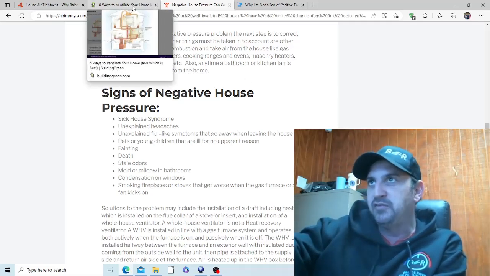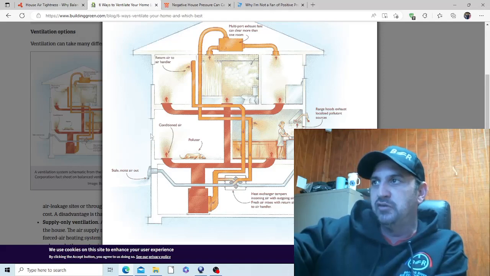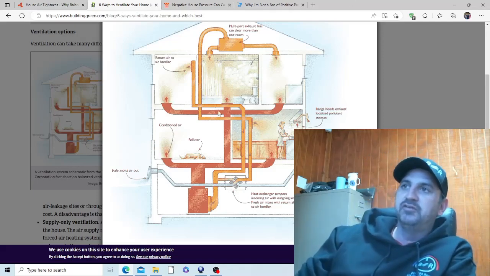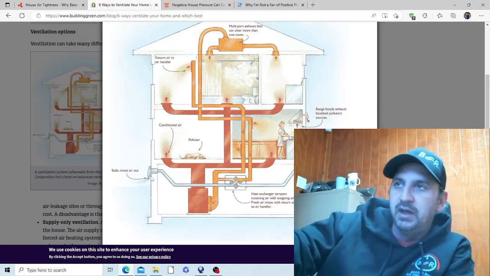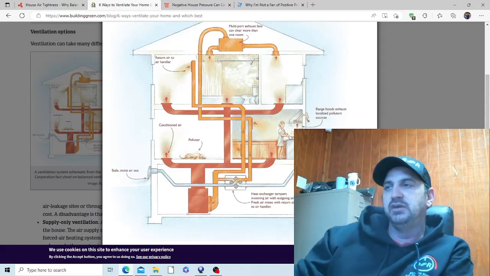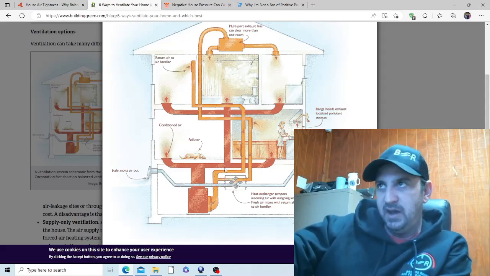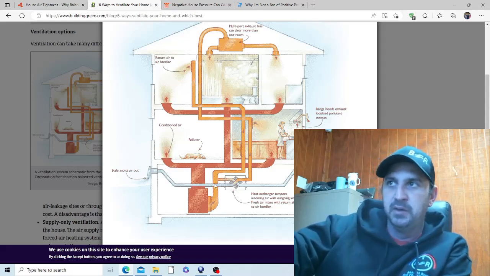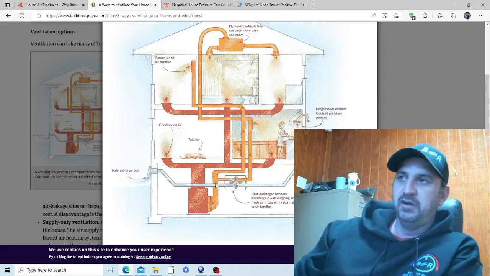That's positive and negative pressure houses. So this picture here is what's called a balance system. You have air going out, you have air coming in. In this particular example, you can kind of follow these here, and it's showing the air coming in being put into the return air system.